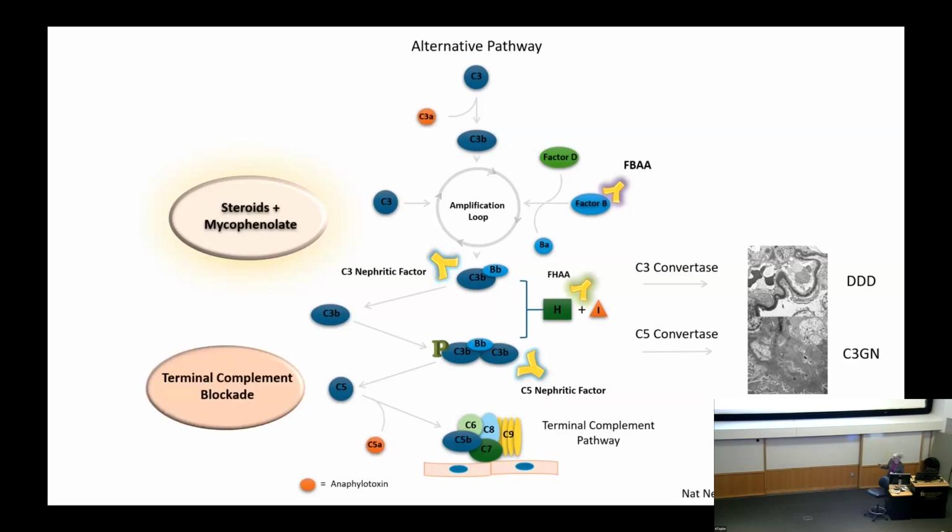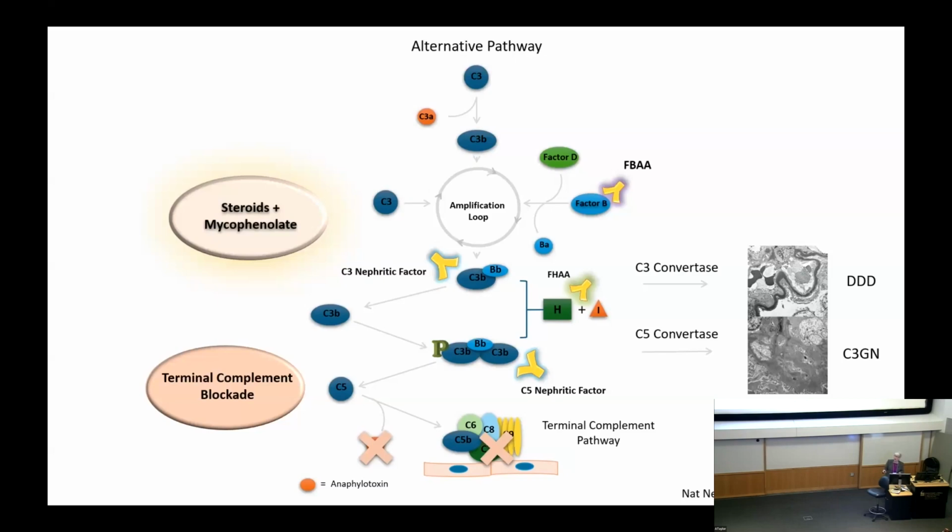How about if we use terminal complement blockade? And functionally, this could be eculizumab or ravulizumab, or there's another one that I'm drawing a blank on the name, but it could be one of those terminal complement blockers. And in this case, what you're doing is you are blocking the C5a anaphylatoxin, but you're also adding the extra component of blocking the terminal pathway.